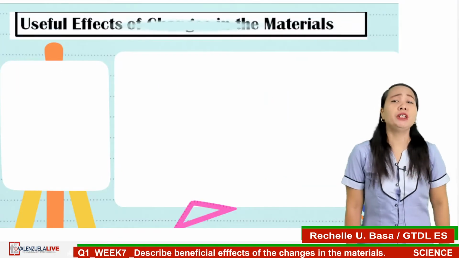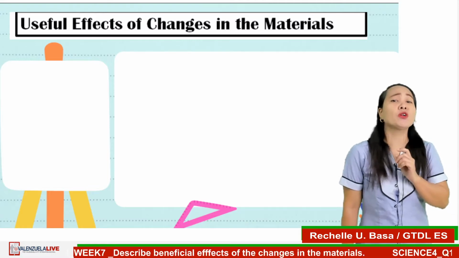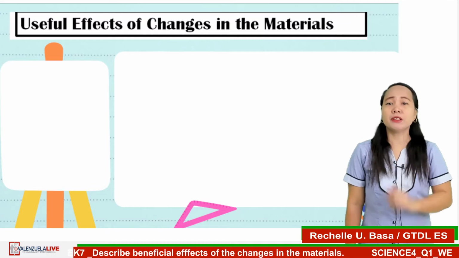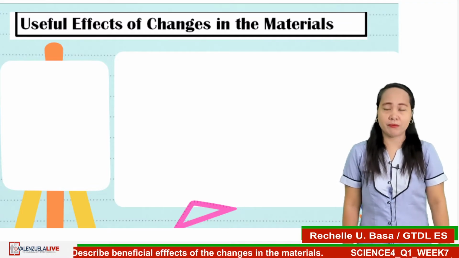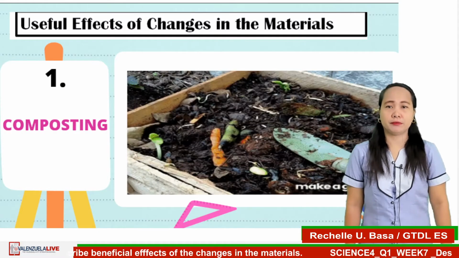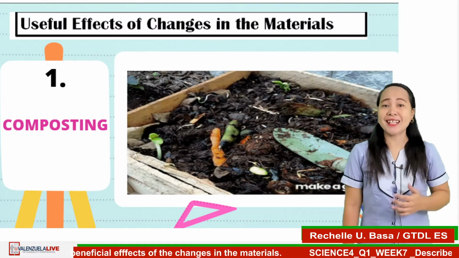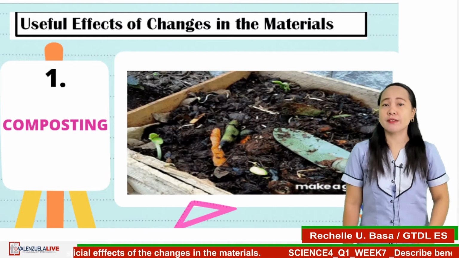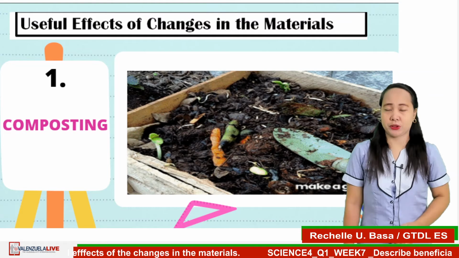Now that you already know the meaning of these two terms, let's focus on the useful effect of changes in the materials to the environment. And here are some of them. Number 1, composting. Composting is a form of waste disposal where organic waste decomposes naturally under oxygen-rich conditions.